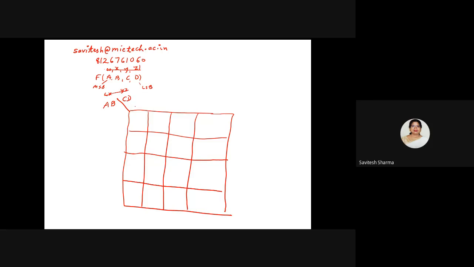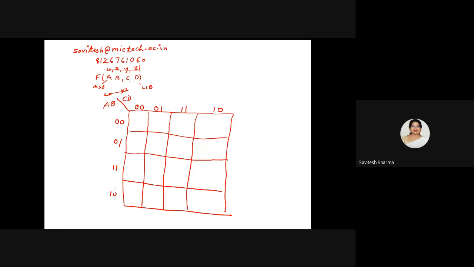And then you write the binary equivalent: 0 0, 0 1, 1 1, 1 0. I am writing the gray code sequence here. Vertically also you will write the same sequence. You see, I am not writing 0 0, 0 1, 1 0, 1 1.